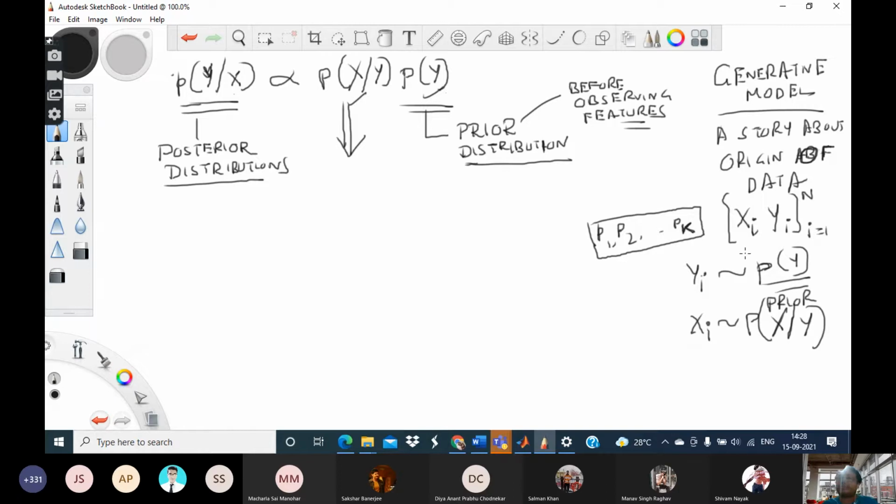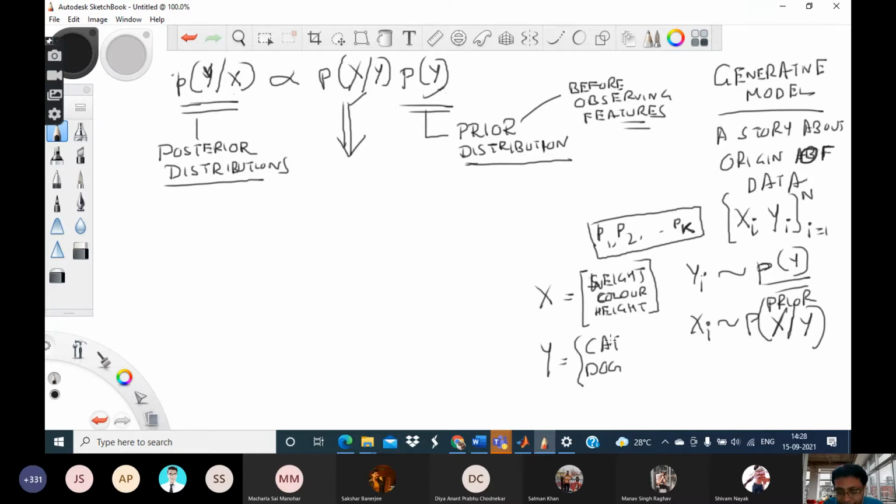Coming back to the cat-dog classification problem, let us say the attributes involved in this case are weight, color, and let's say height. The label space in this case just consists of cat and dog.